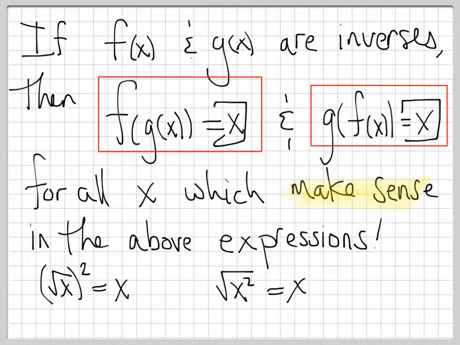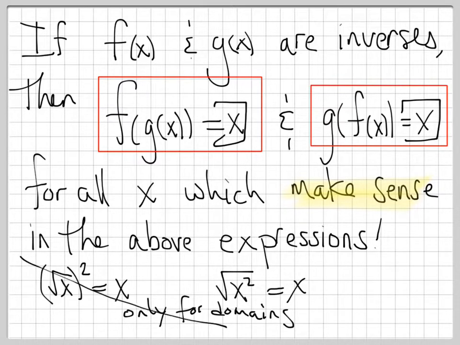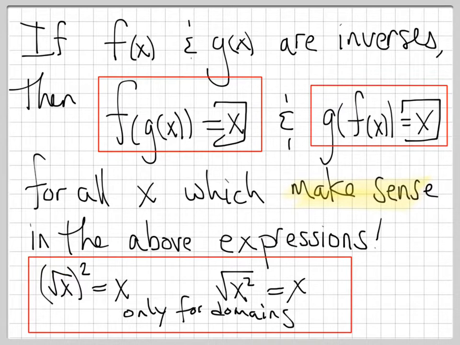Now, it's important that this is only for the domains of the two functions. So the square root function can only take positives. So if you take the square root first and then square it, you'll definitely get back a positive number. Because of the domain restrictions, we're only going to allow positive squares, and we're going to get back positives.